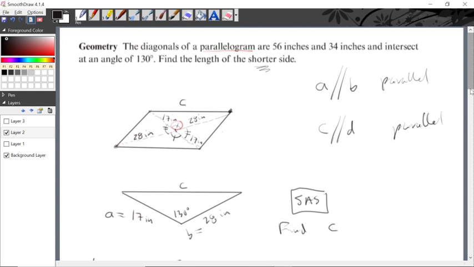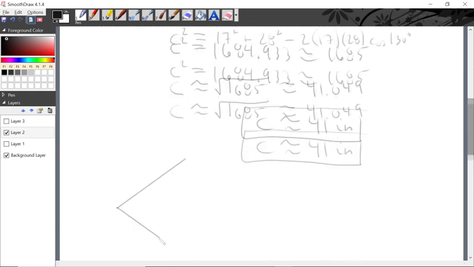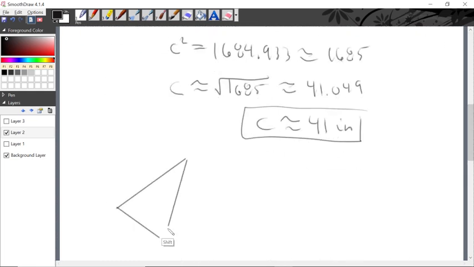So let's extract that triangle, and then side length X. This is a 50 degree angle right here. We have 28 inches here and 17 inches here. So x is now the shorter side.